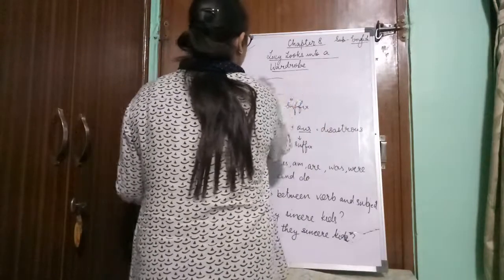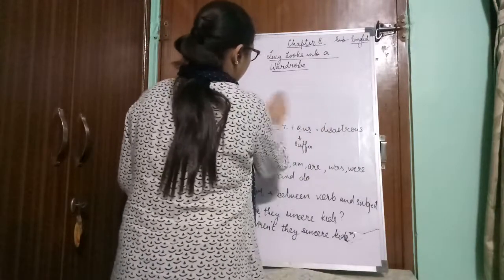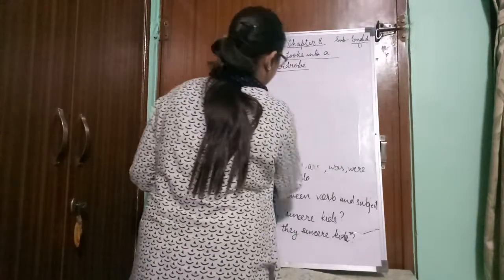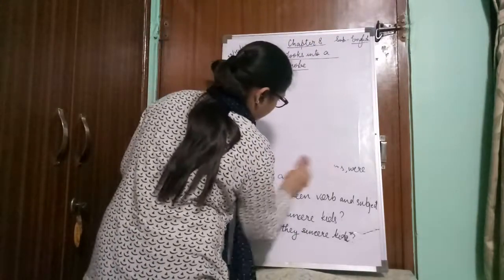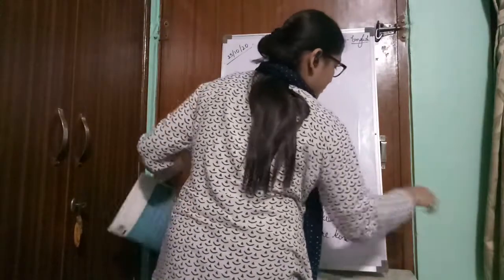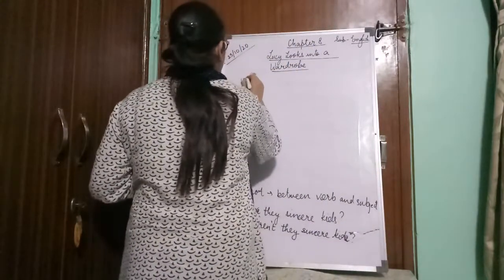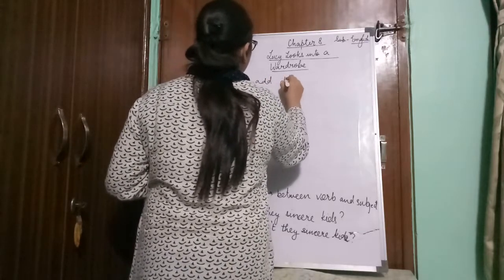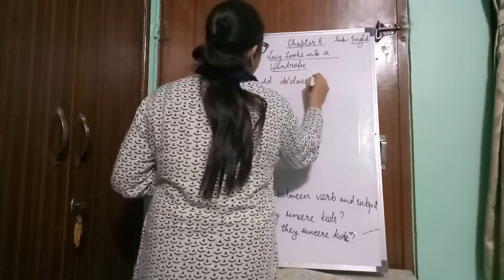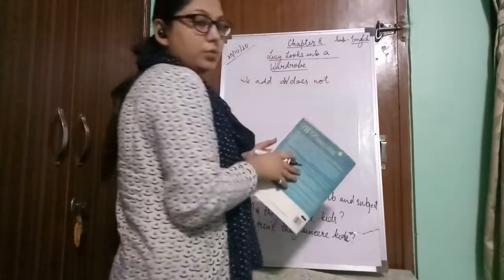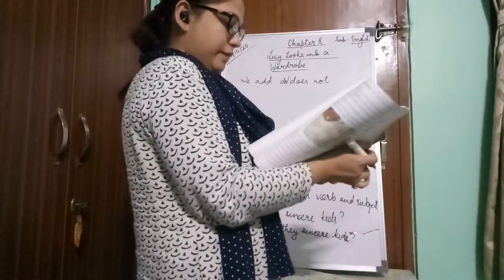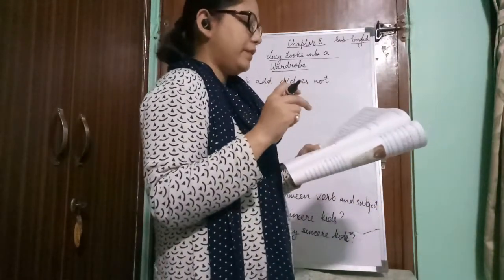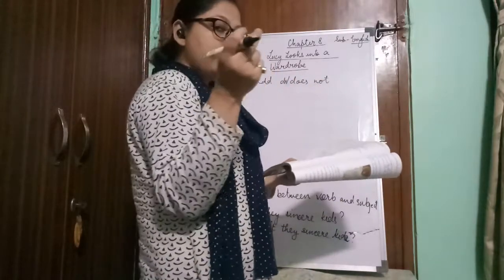Now the next, when we change a simple present tense sentence into negative, we add do or does not to the sentence to change it to negative. Like you see, I like to travel every day, so we will write, I do not like to travel every day.